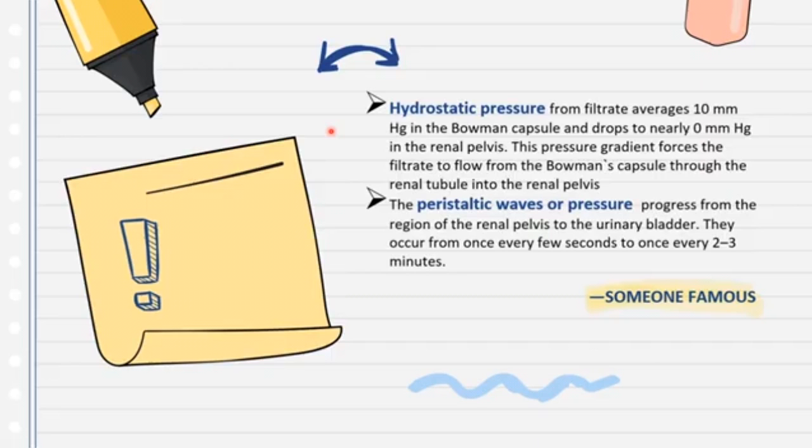Next is parasympathetic stimulation. Parasympathetic stimulation is responsible for rest and digest or feed and breed activities that occur when the body is at rest.